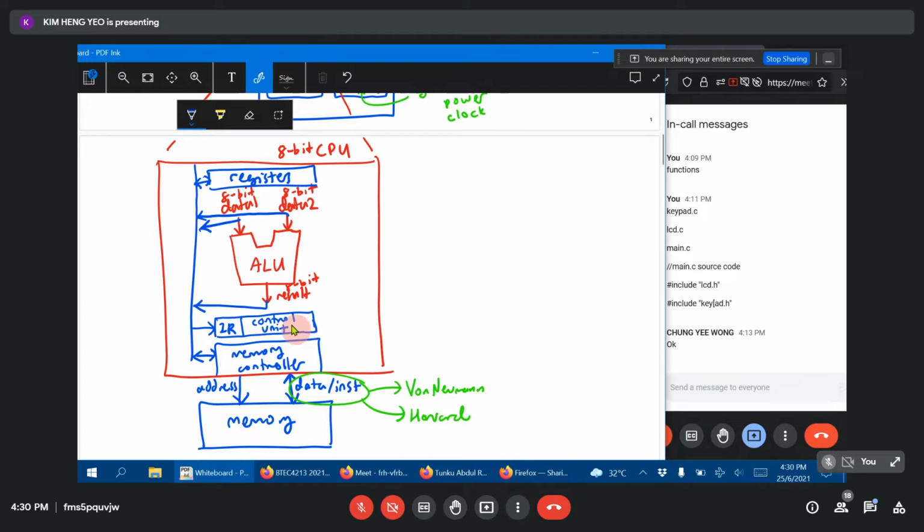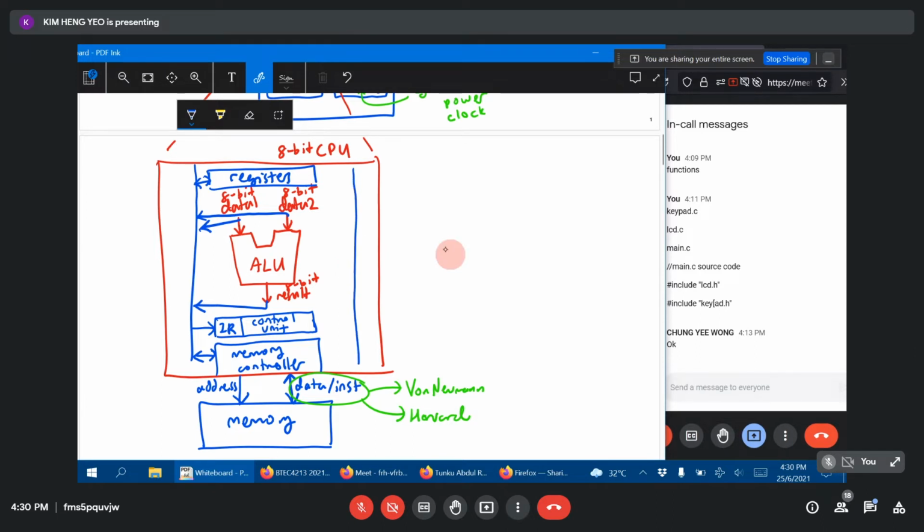The instruction decoder circuit is just a combinatorial logic circuit, right? You feed the instruction stored in the instruction register to the instruction decoding circuit, and the instruction decoding circuit will output control signals to carry out the appropriate action.